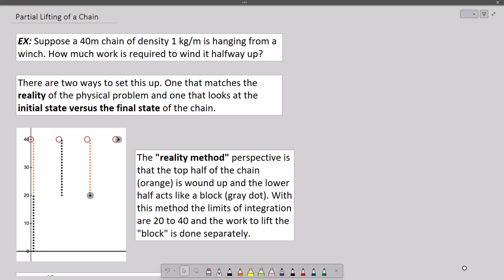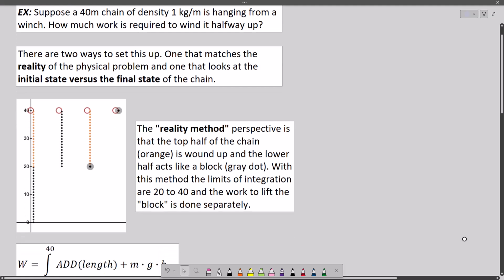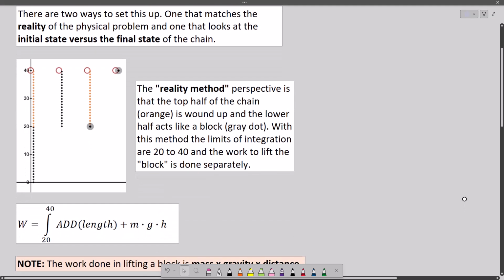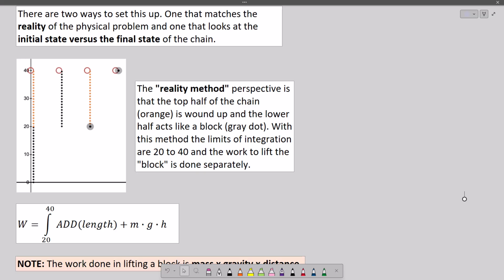Here's the scenario. We've got a chain that's 40 meters long, 1 kg per meter density. How much work is required to wind it halfway up? Here's how a math teacher will do it, the reality method. The math teacher is going to say, okay, we're going to wind up the orange links, right? The black links are just dangling, so they're acting like a block. Here's the initial state.